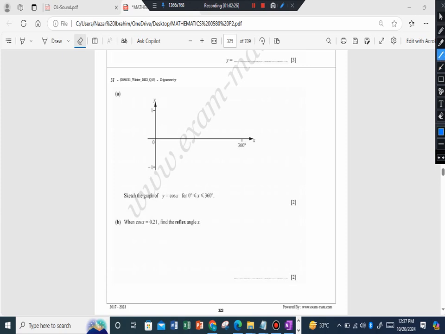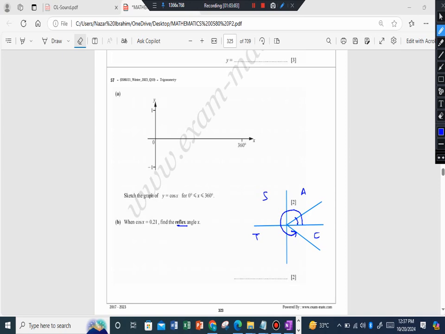Since cos is positive, it will be in the first quadrant, and the second angle will be in the fourth quadrant, let's write this A S T C. So definitely in the fourth quadrant it will be positive. So the first angle is this, and the second angle, which is the reflex angle, will be this.